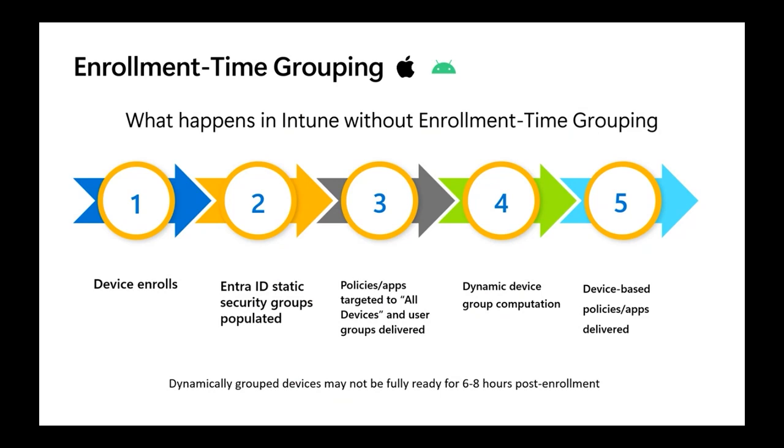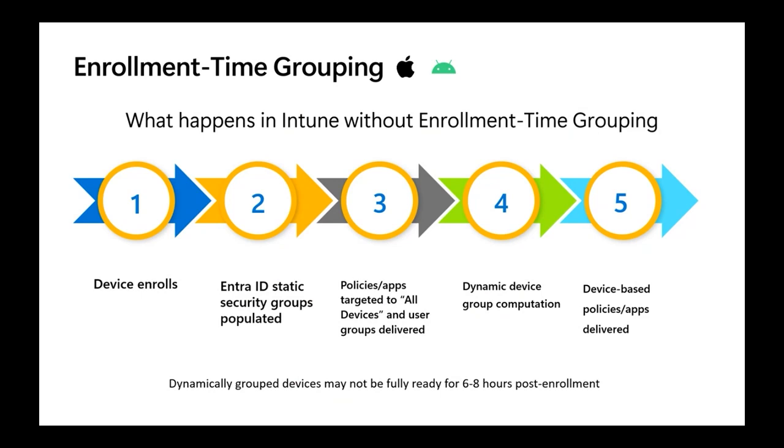So they're going to be in device groups instead. And historically, on devices that are in these groups, especially through dynamic groups, after enrollment, it might have taken a number of hours, up to 8 post-enrollment, for all the policies and apps relevant to that device to get delivered.